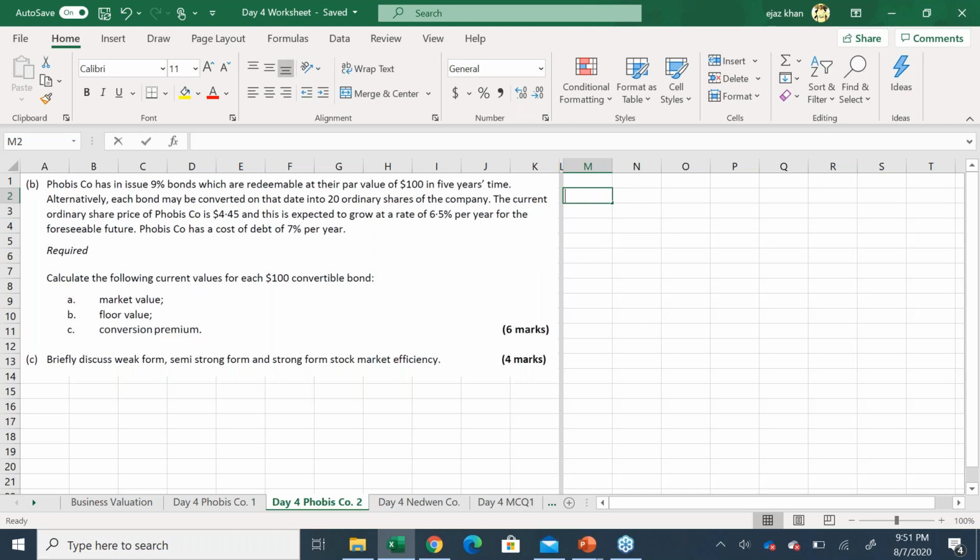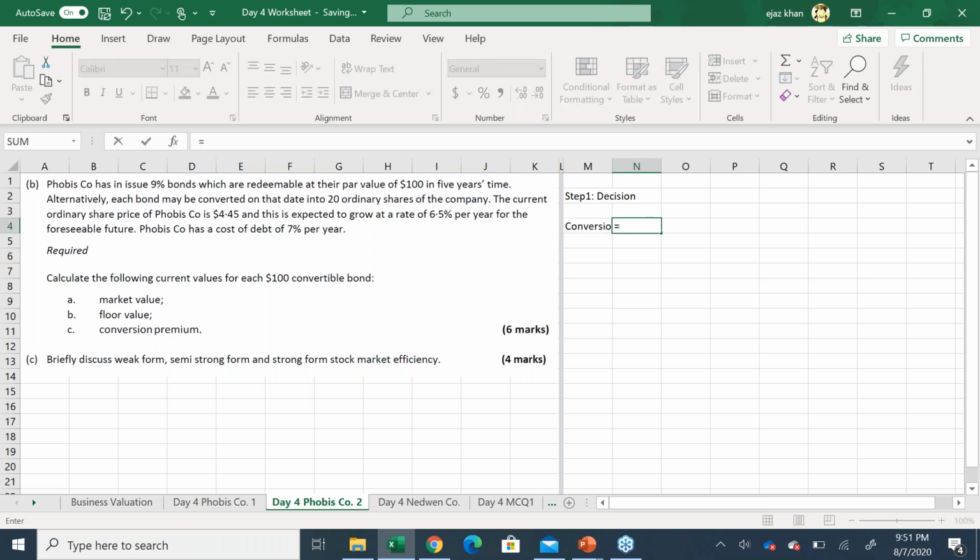So step one, in a convertible debt, you should always do this step one. The step one is decision. Find out what is going to be the likely decision of the investor. For that, we need to calculate the conversion value first. The conversion value is calculated by taking the number of shares available for conversion.